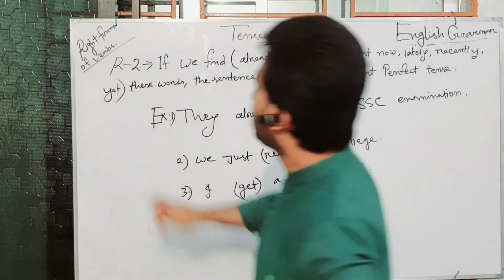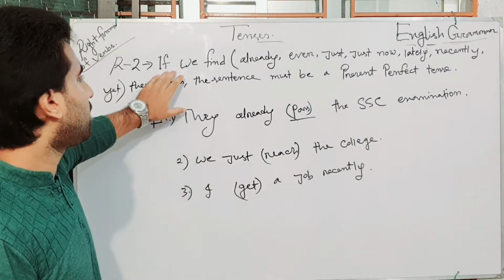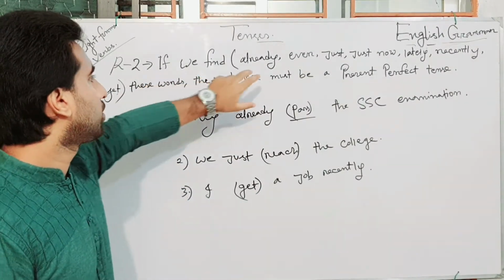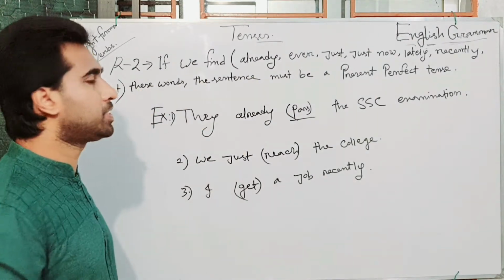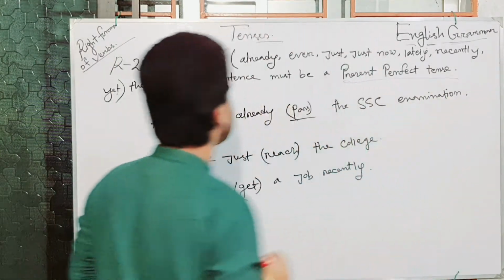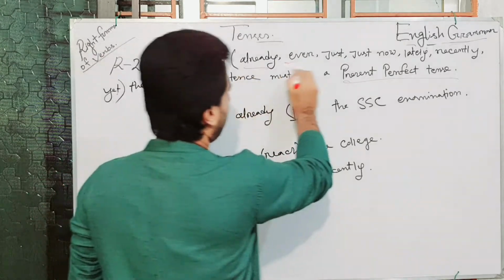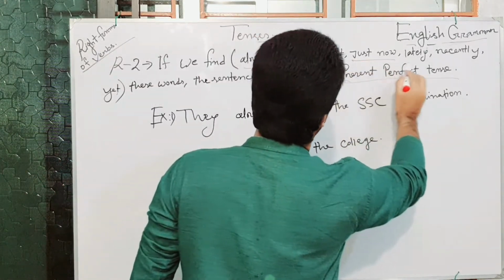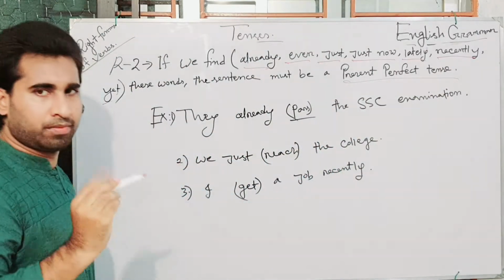The second one is rule number two. Look at this rule. If we find these words, the sentence must be in the present perfect tense. These words are already, ever, just now, lately, recently, yet.